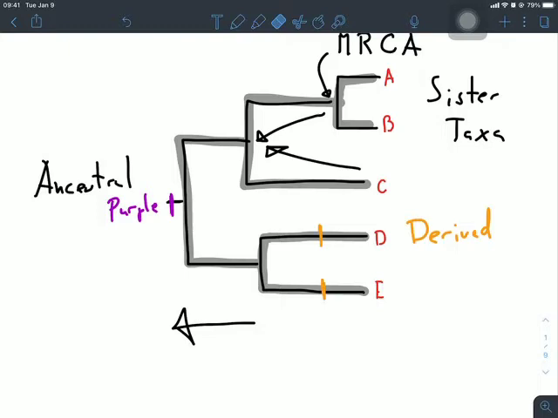Instead, we could be more parsimonious with our explanation and say that the common ancestor of D and E evolved orange flowers, and that D and E are inheritors of this different, derived character state.